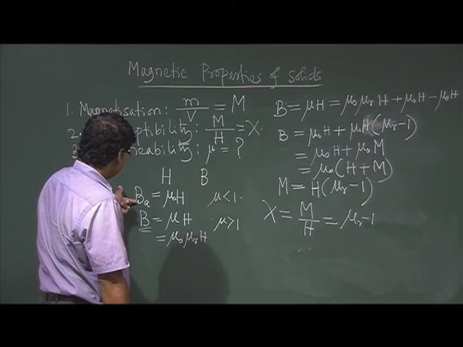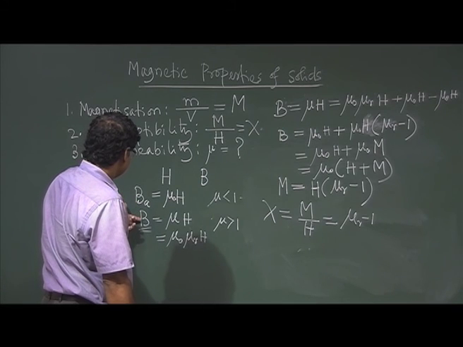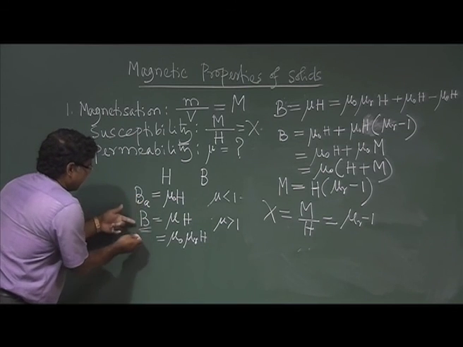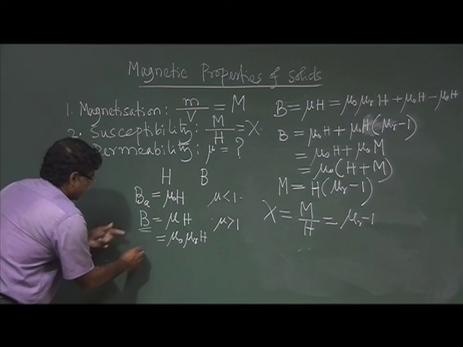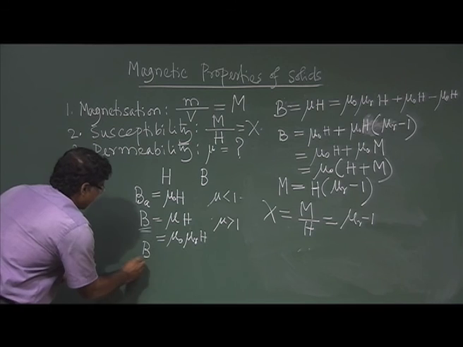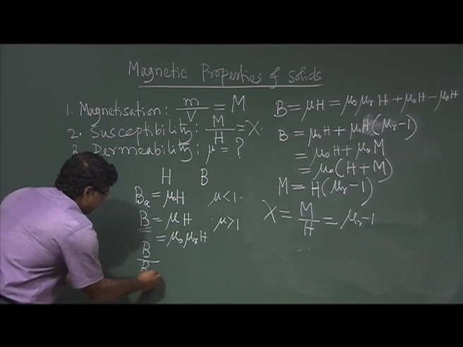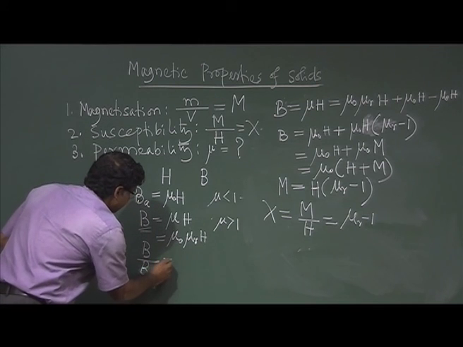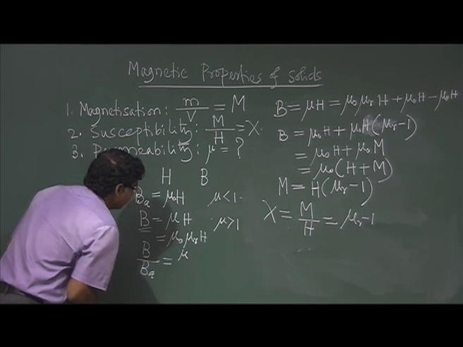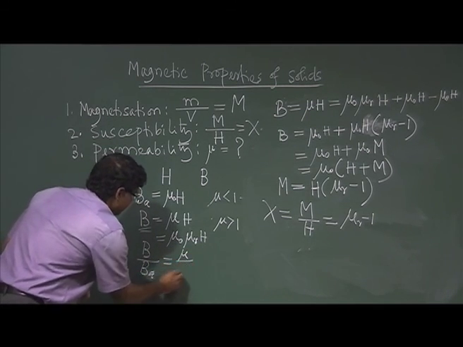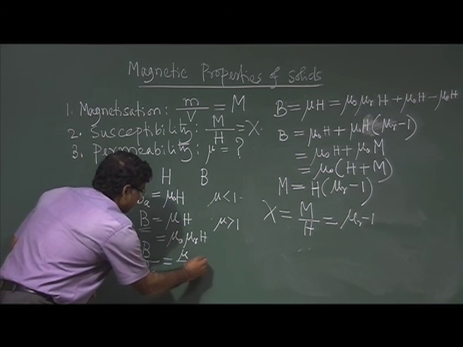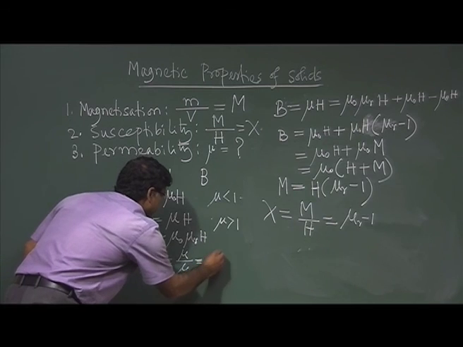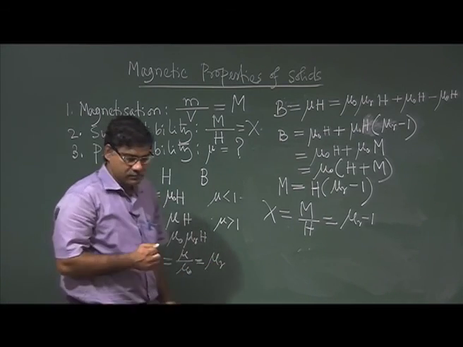So, from here you can also see that in presence of the magnetic field, I can write B by B0 equal to mu by mu 0 equal to mu 0 mu r by mu 0, so equal to mu r, okay.